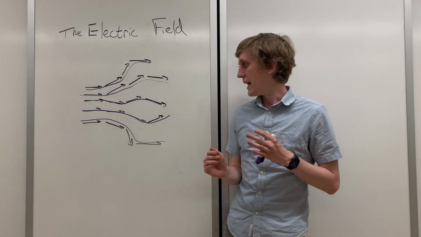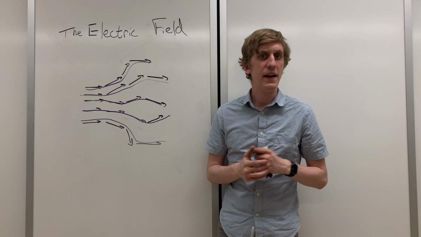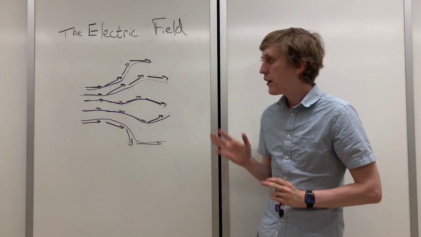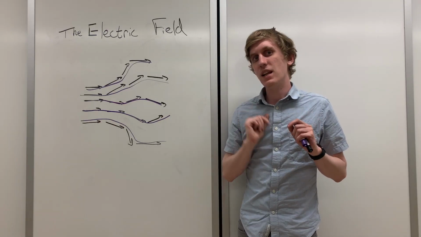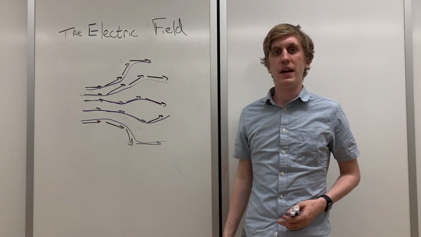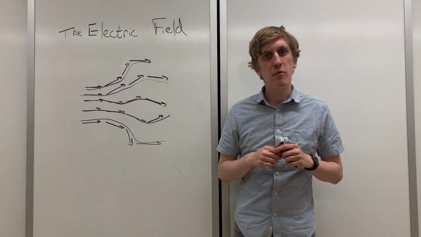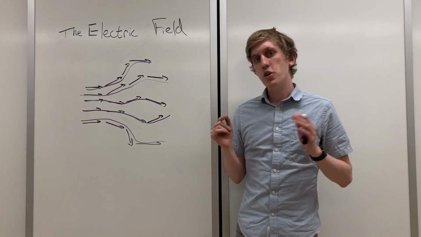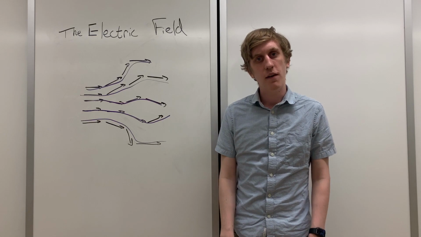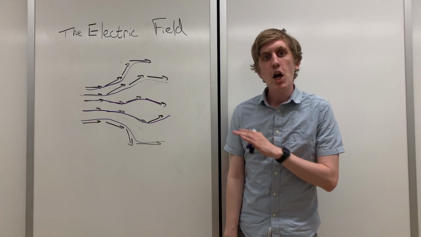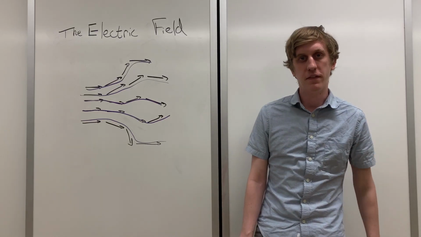These lines are nice because they allow us to see the shape of the electric field very easily. However, there is one big disadvantage to electric field lines. Remember that an electric field is a vector field. It has both a direction and a strength at every point. These electric field lines do a very good job of giving us information about the direction of the field, but they don't tell us anything about the actual strength of the field.